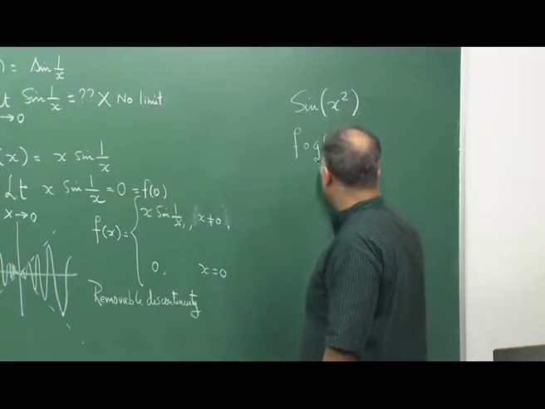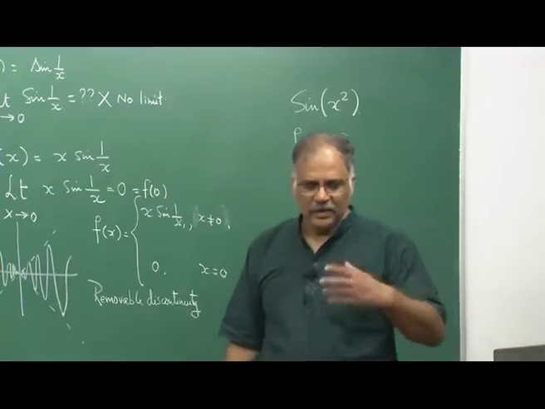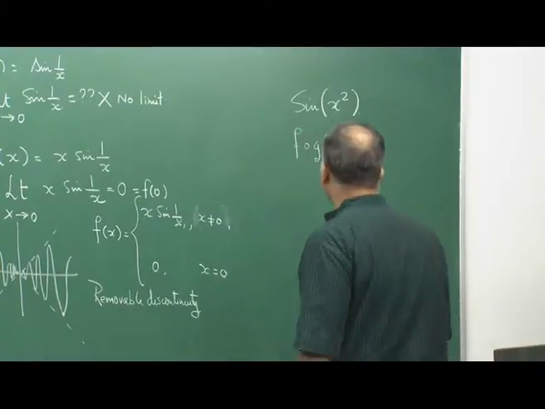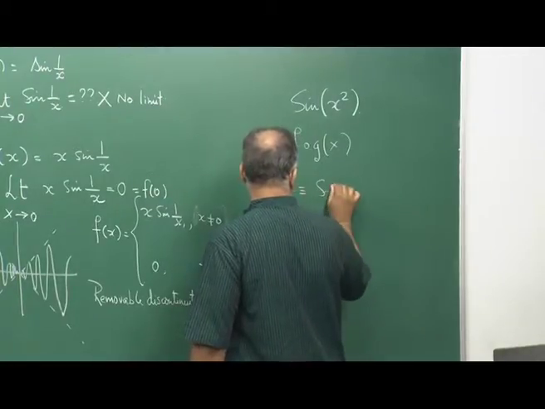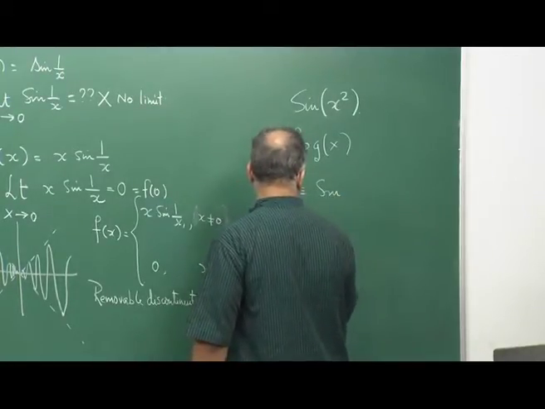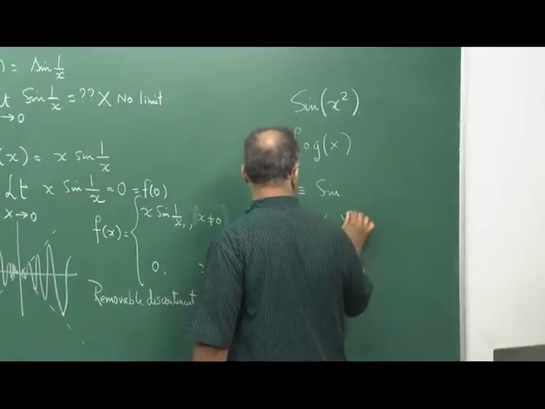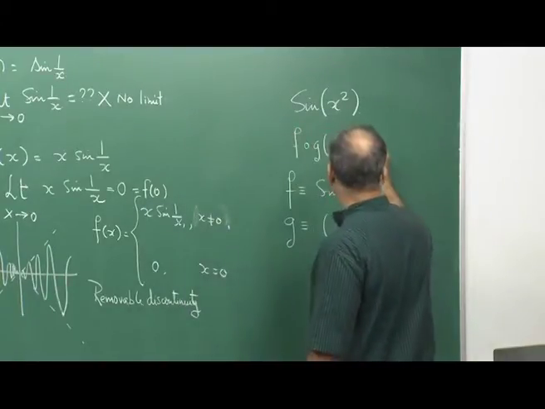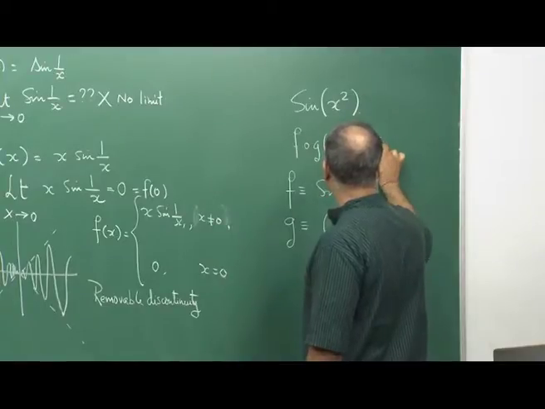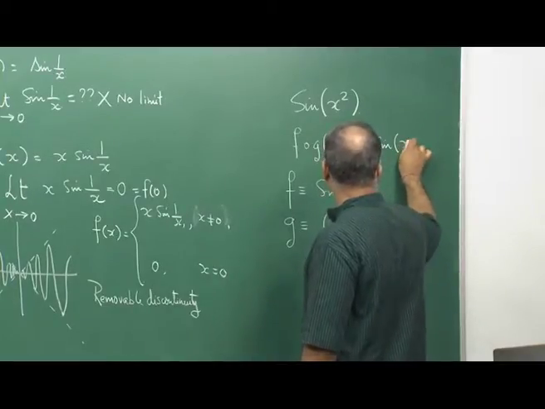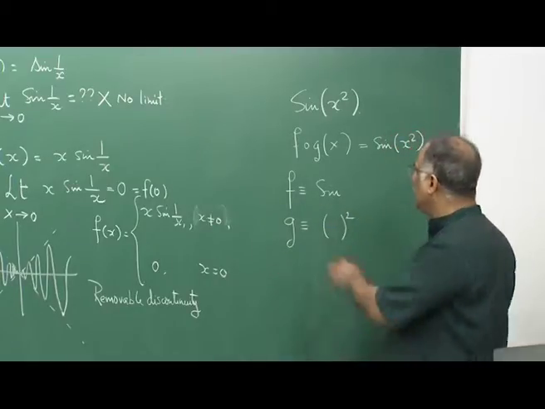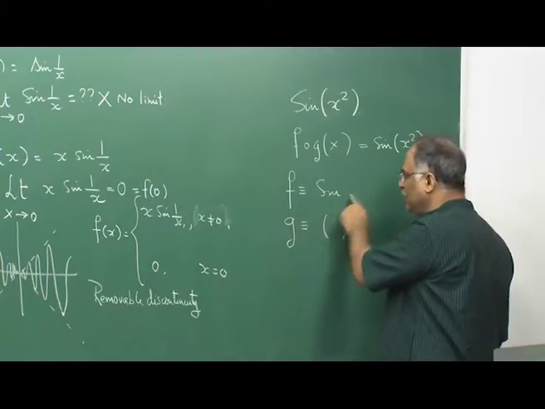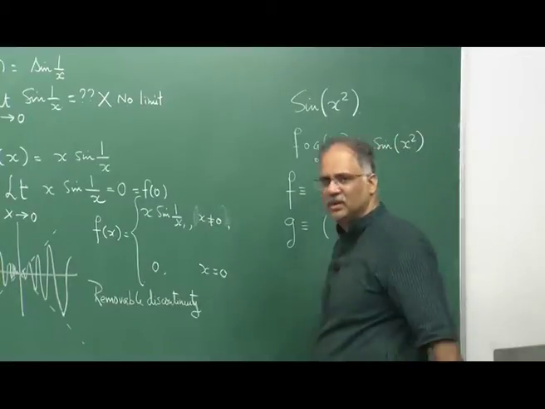First we apply the function g on x and then apply the sine function. If I take my f as a sine function and g as a squaring function, then f compose g is nothing but sine of x square. You first take the x, then you square it. That will give you g of x, and then you apply f on it, which will be sine of x square.